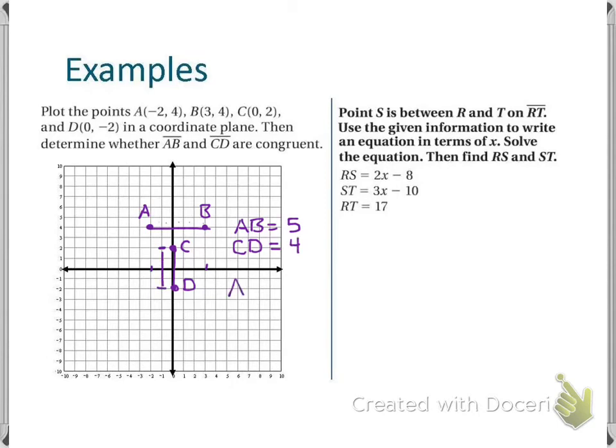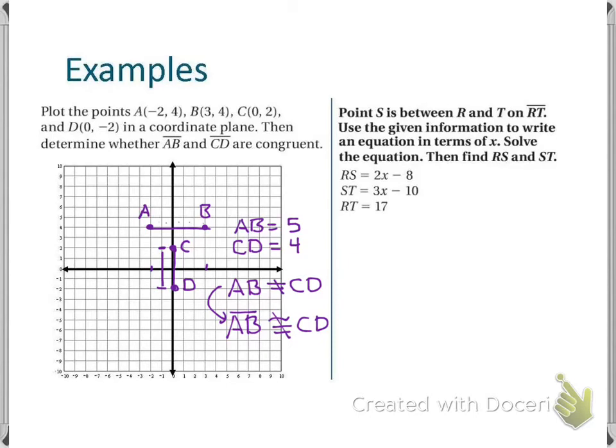Okay, so AB is not equal to CD. Why? Because one's 5, one's 4. Now, that also means that AB, the segment, is not congruent to CD, and that's because it's not equal. If it's not equal, it's not congruent.